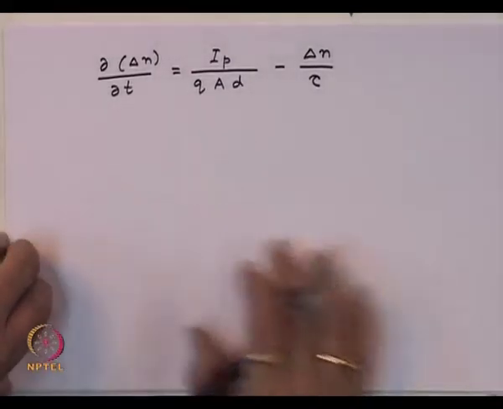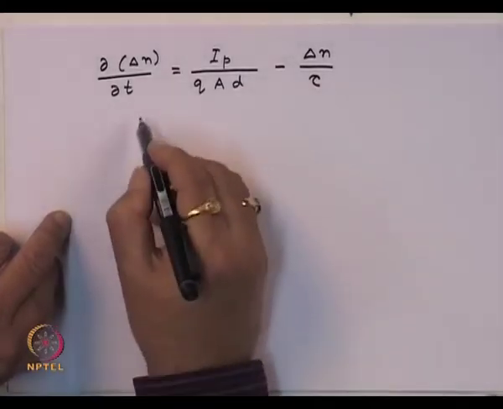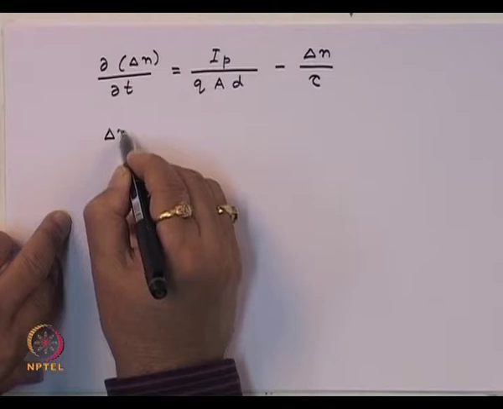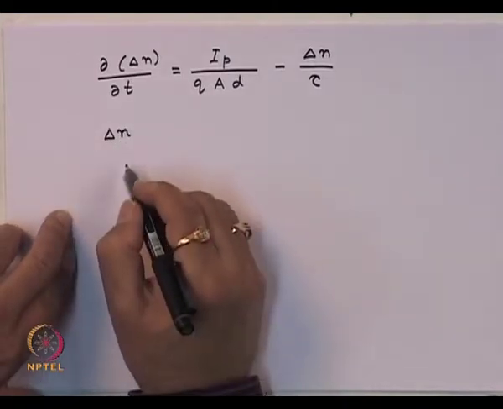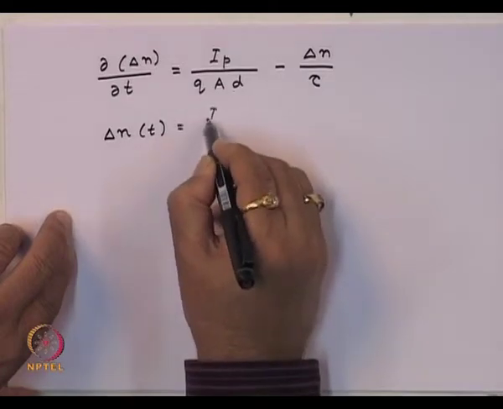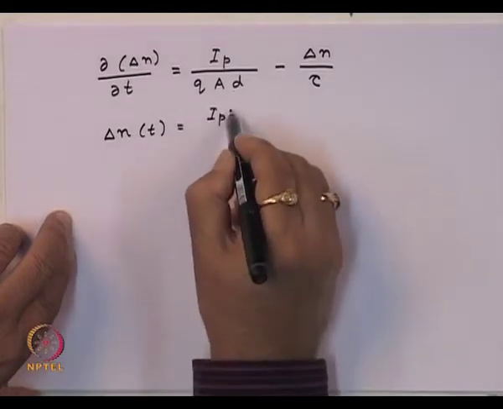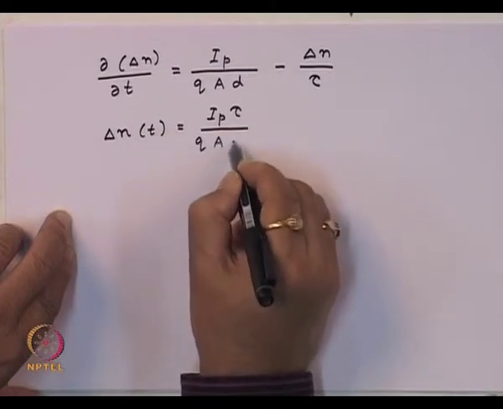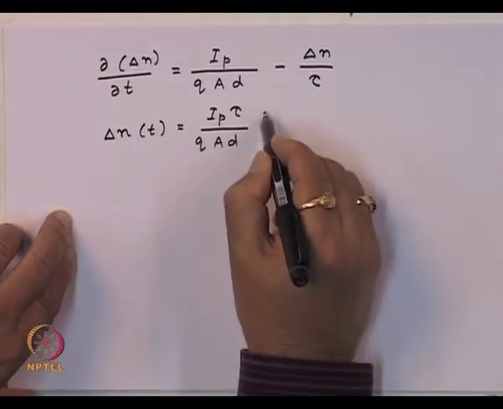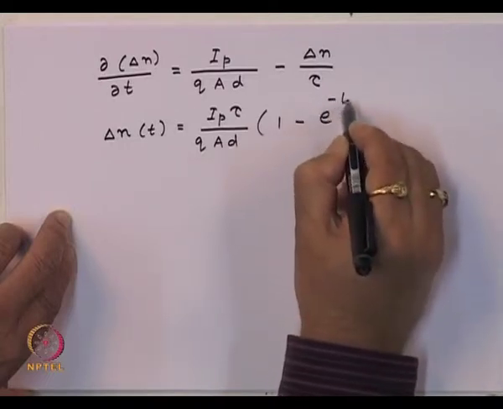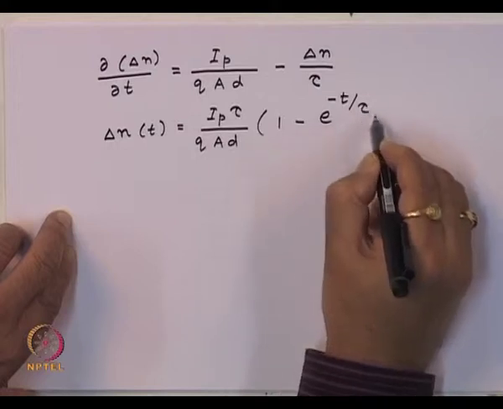Now, this equation can be solved very simply. The solution, as a function of time, can be given as n equal to IP tau divided by Q A d into 1 minus e to the power minus t divided by tau.